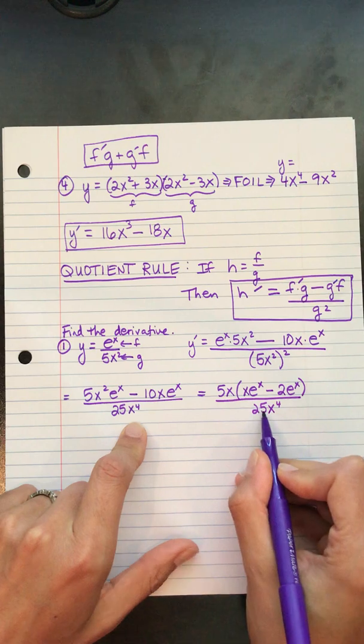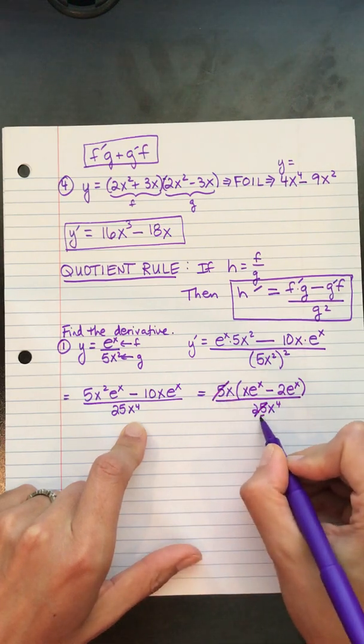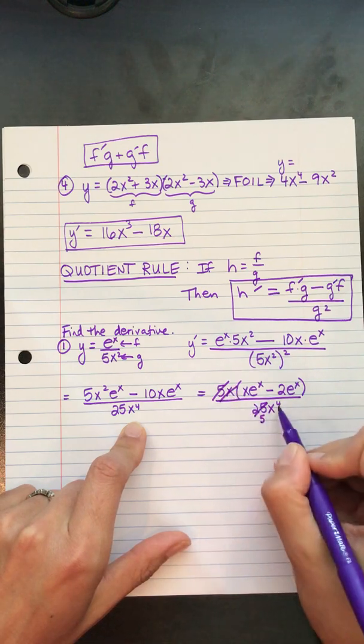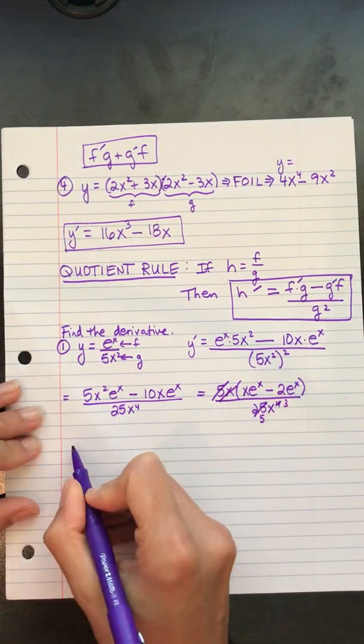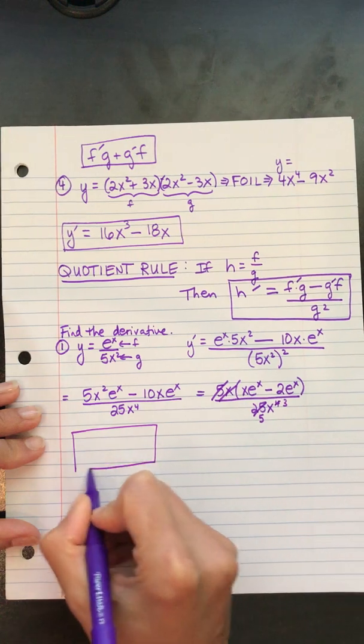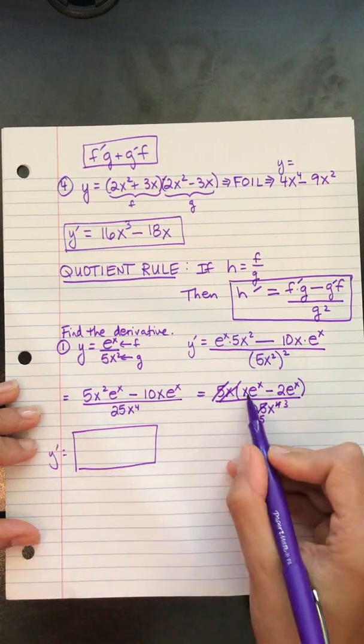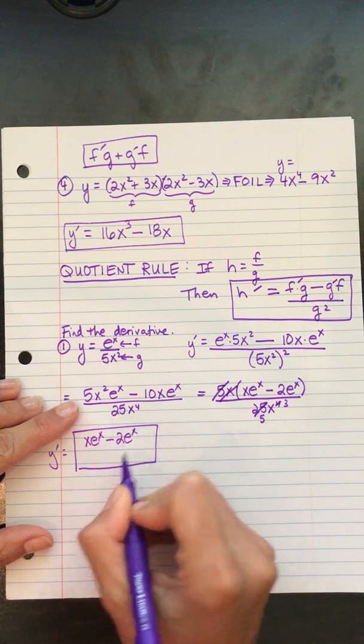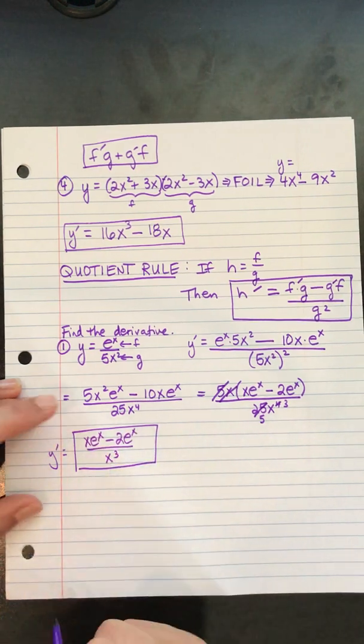And then that and that are reducible. So cross out 5, leaves a 5. X to the first over x to the fourth, cross out and make that a 3. So my final answer in the box, y prime equals x e to the x minus 2 e to the x over x to the third.